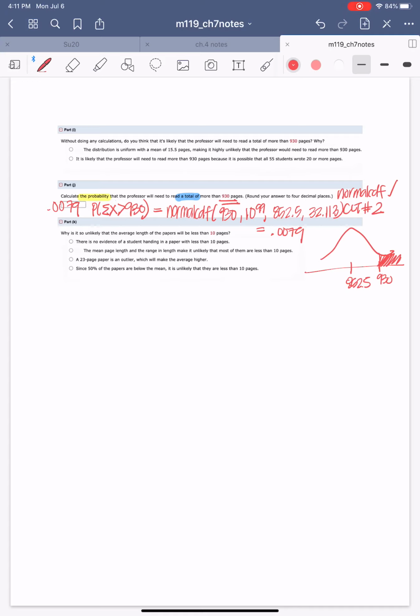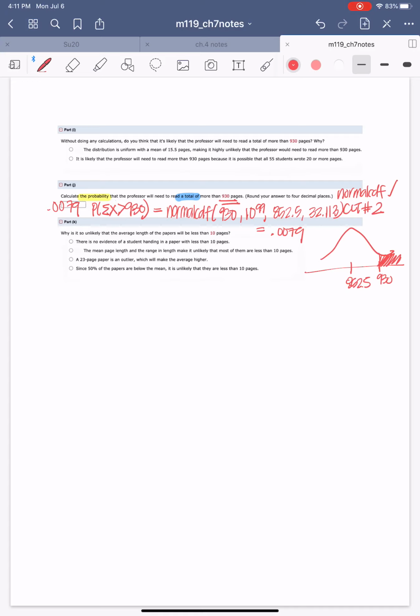Last two questions, going back to I. Without doing any calculation, do you think that it is likely that the professor will need to read a total of more than 930 pages? Why? The first option is the distribution is uniform with the mean 15.5 pages, making it highly unlikely that the professor will need to read more than 930 pages.